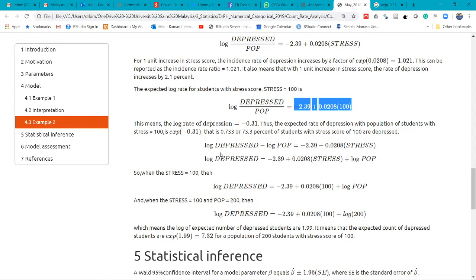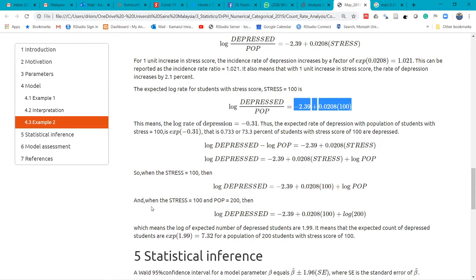So we can convert this into log depressed minus log population equal minus 2.39 plus 0.0208 times stress. If you calculate for stress equal 100, you get this value.